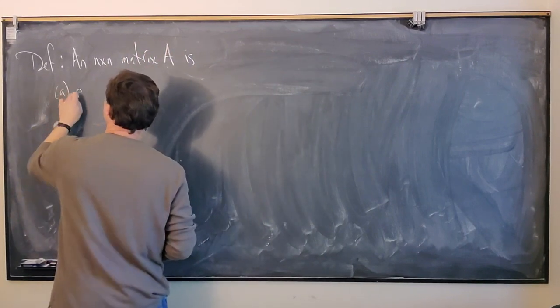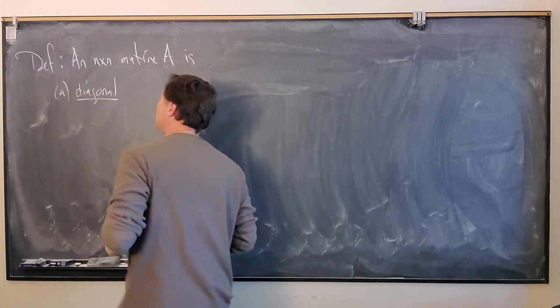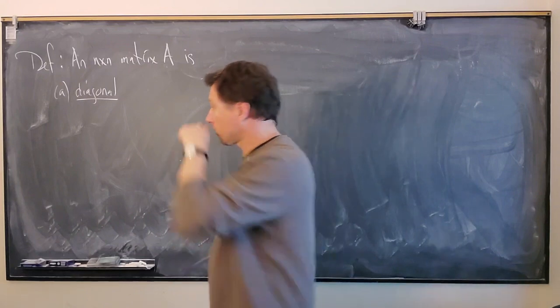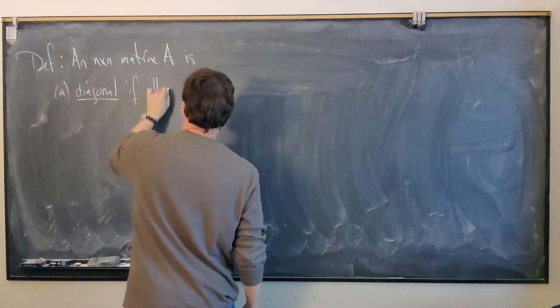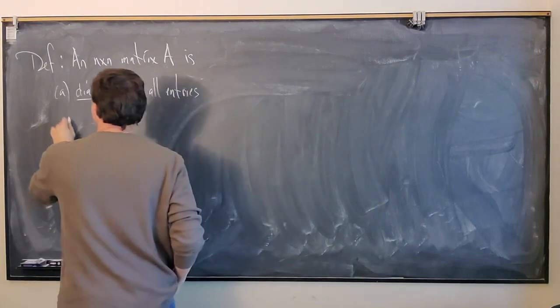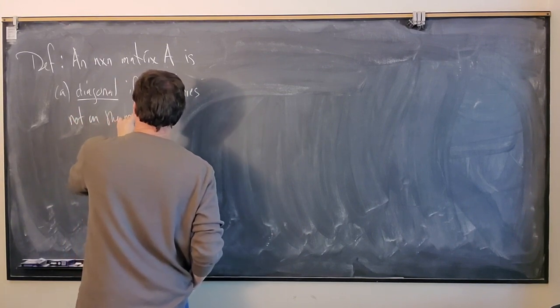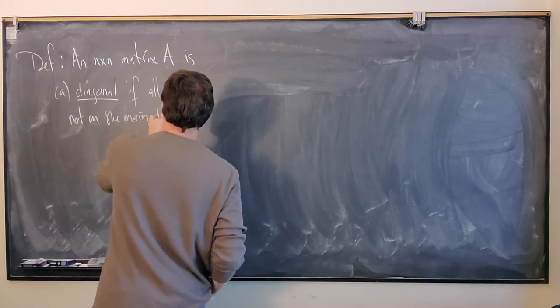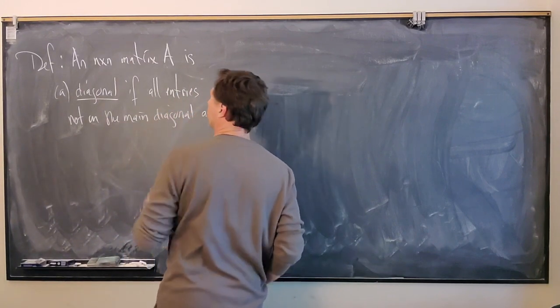The first part: an n by n matrix is diagonal if all entries not on the main diagonal are 0.